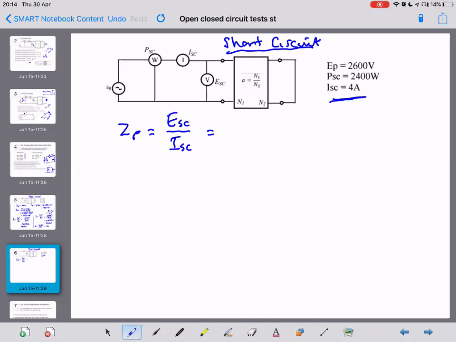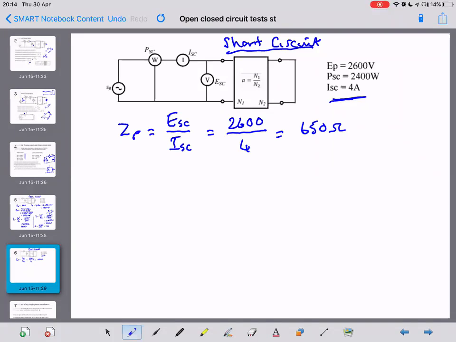Admittedly, only the magnitude, but nevertheless that's 2,600 volts divided by 4 amps, the current, which equals 650 ohms. So that's labelled up as EP on the drawing.